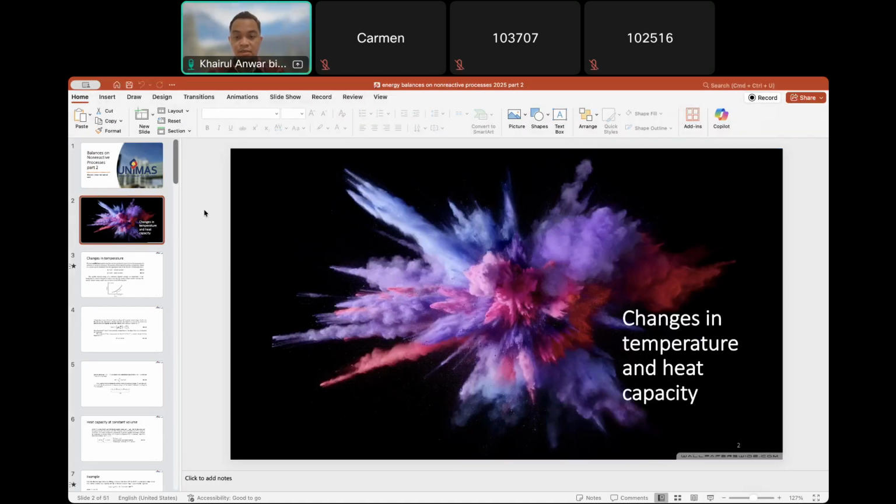Changes in temperature in heat capacity is on both elementary chemical processes.